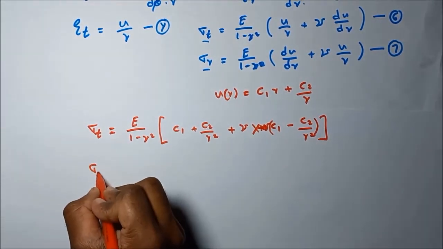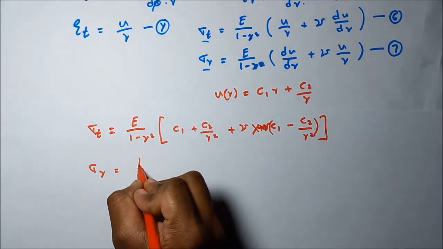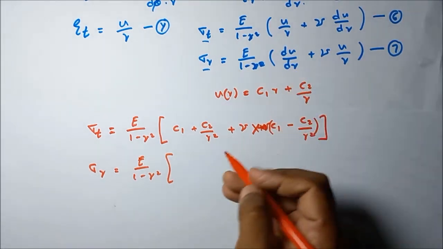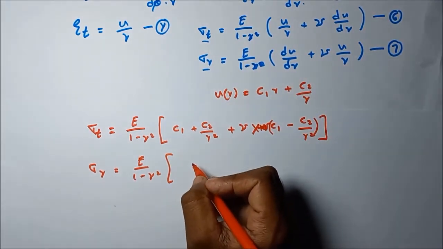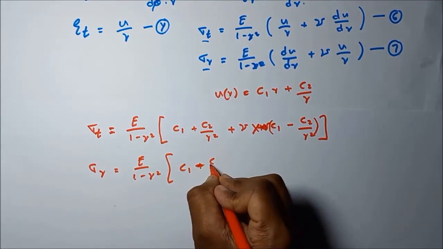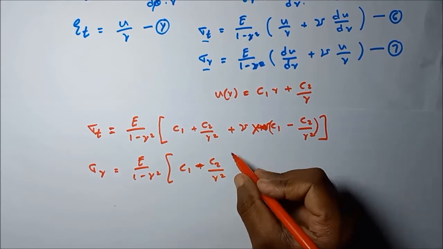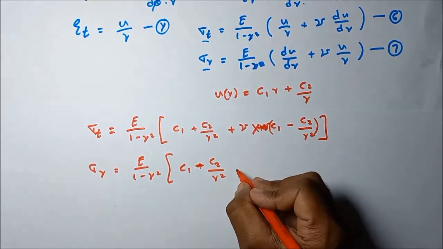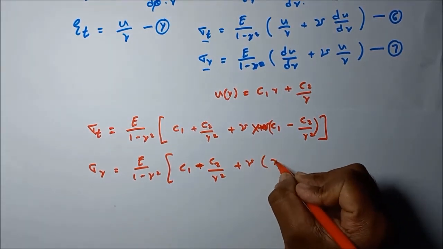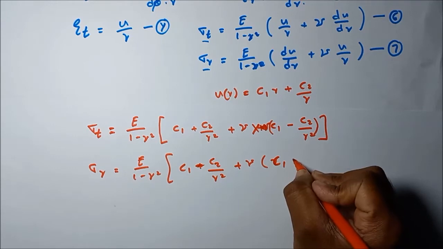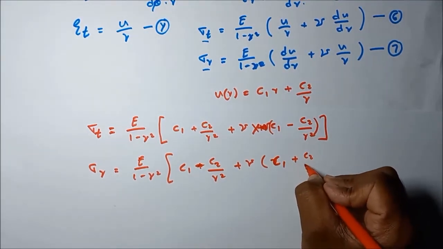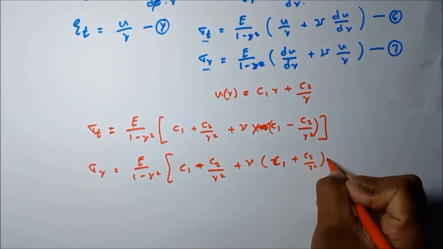Then the sigma r we can write E divided by 1 minus mu square, du over dr, C1 minus C2 divided by r square plus nu into u divided by r, C1 plus C2 divided by r square.